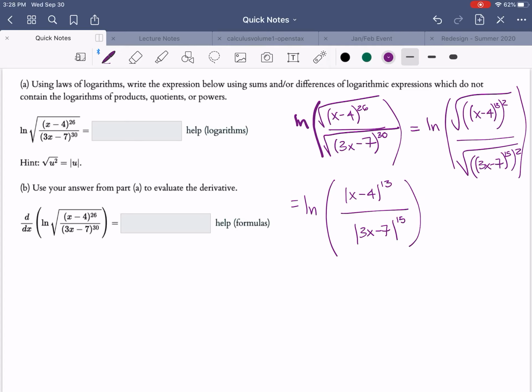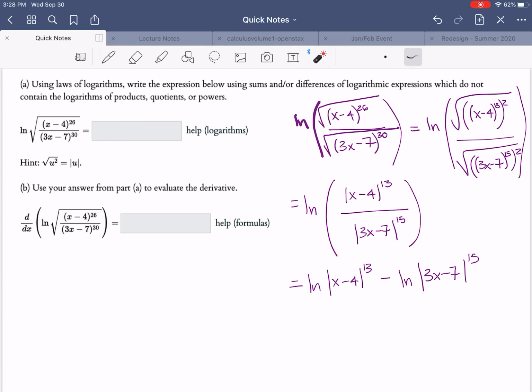Okay. Now using rules of logarithms, we know that because these are being divided, we can split it up. We can have natural log of x minus 4 to the 13th minus natural log of 3x minus 7 to the 15th.